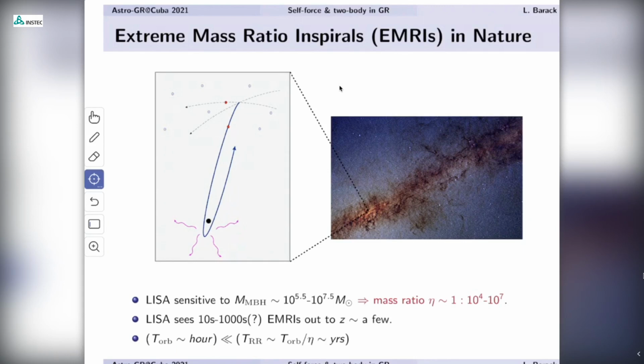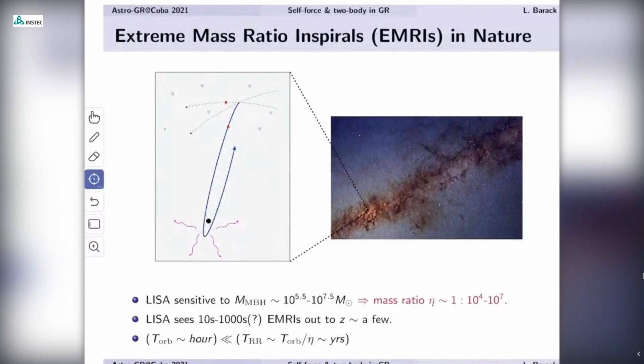Leor? Yeah. Can I ask you a question? Sure. Yeah, so if I understand this properly, can you also observe towards the galactic center, sources with LISA, because you can still have this extreme mass ratio inspirals within our galaxy, right?